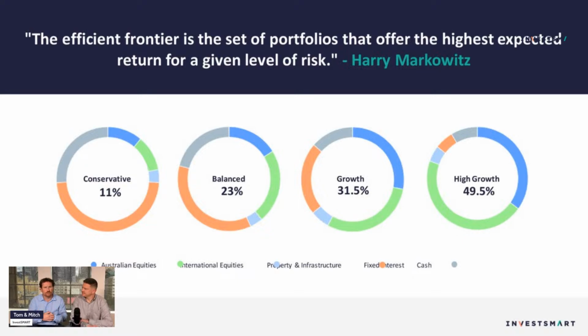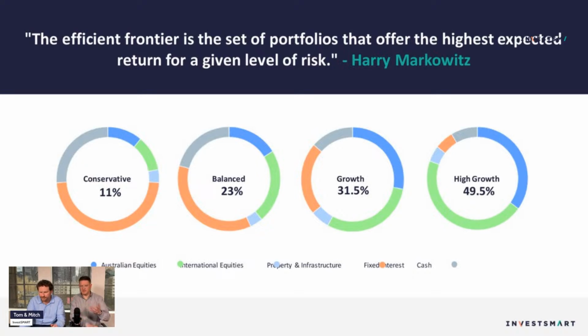We're not saying we chop and change between these weightings. We're not trying to pick which one's going to be the next best performer. We're having a bit of everything, and one asset class can pick up the slack when another asset class is underperforming. That's the whole point of diversification, the whole point of Harry Markowitz's research.